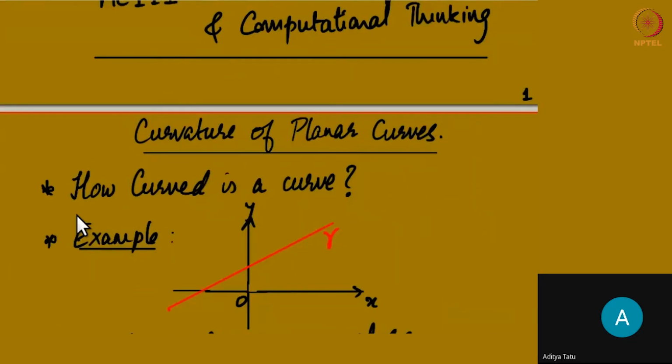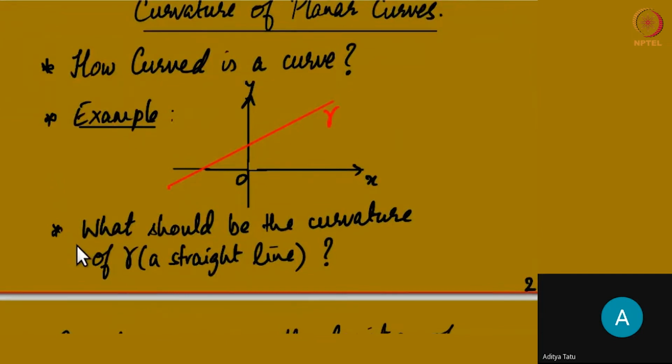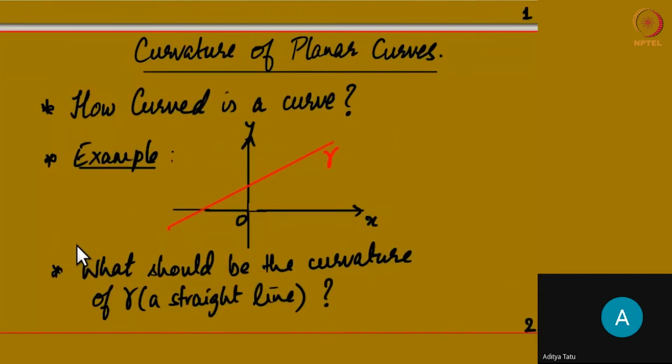We first look at curvature of planar curves. By planar curves, I mean curves that you can draw on, let's say, the XY plane. Curvature tries to measure how curved a given curve is. Let's start with a very trivial example.